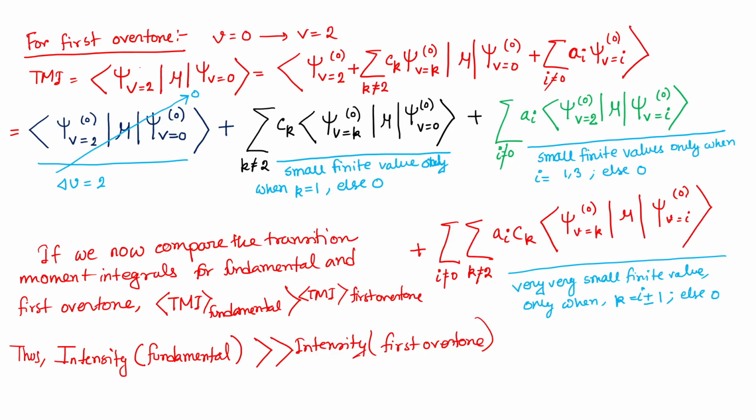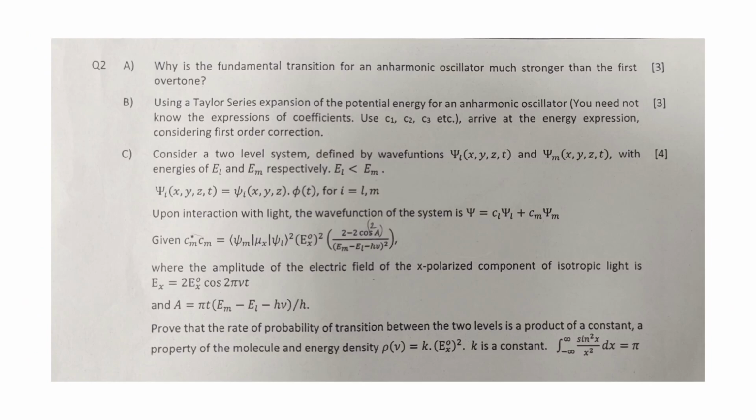That is why these overtones are possible in the case of the anharmonic oscillator, which was not possible in the case of the unperturbed harmonic oscillator.